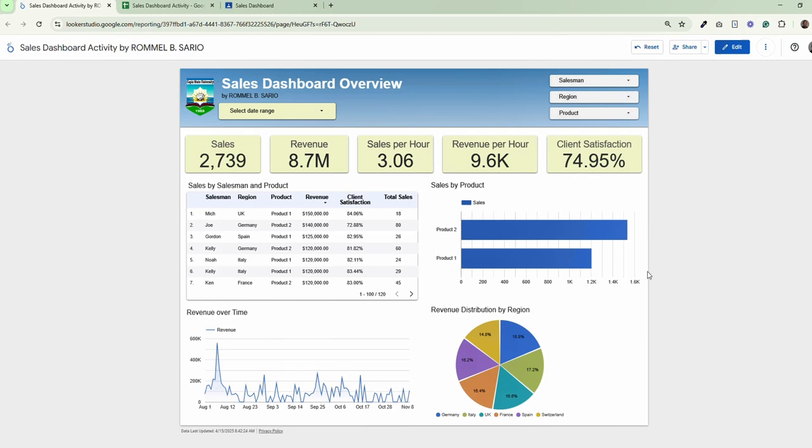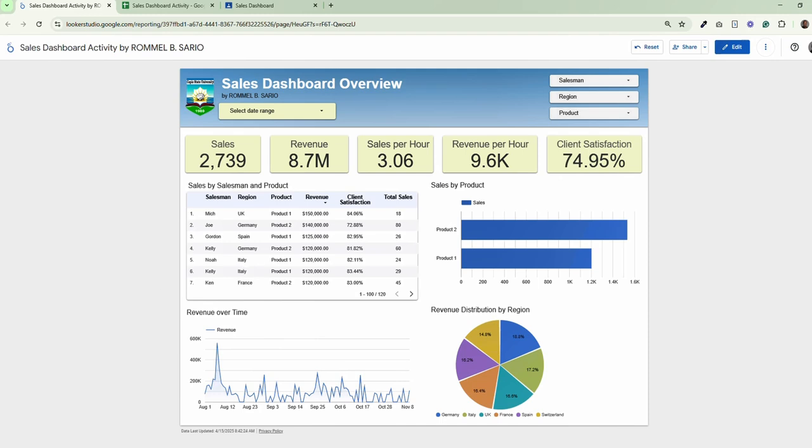Somehow, they will prescribe that they give more focus also to product 1, and to Switzerland as well as Spain, who should improve. And for incentives, how to encourage the salesperson in terms of revenue: who has the lowest compared to the highest? Those with the highest are given incentives or bonuses.